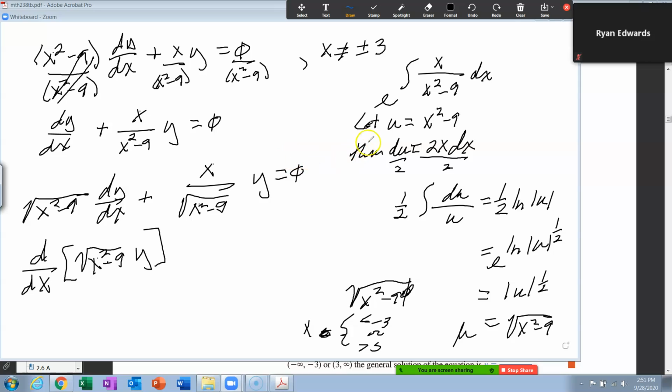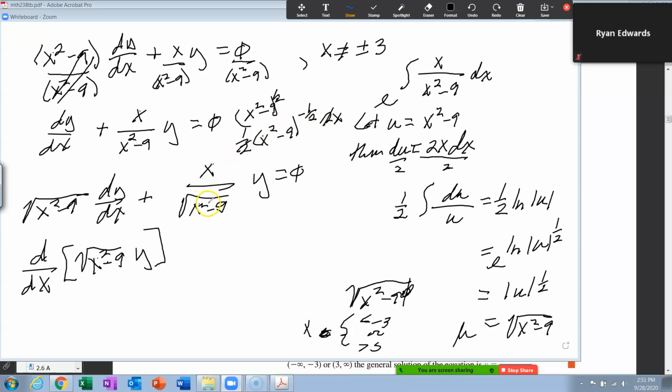Now I want to write that as x squared minus 9 to the 1/2. Take the derivative of that, you have 1/2 x squared minus 9 to the minus 1/2, power rule, times the 2x. Okay, the 2 and 2 will cancel out, and you have x over the square root of x squared minus 9.